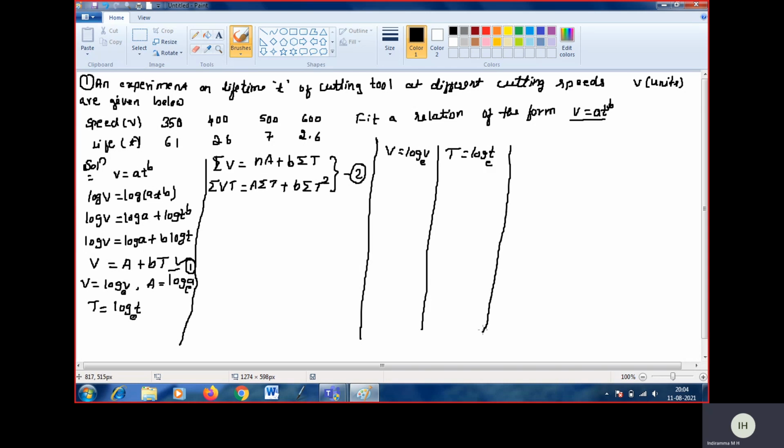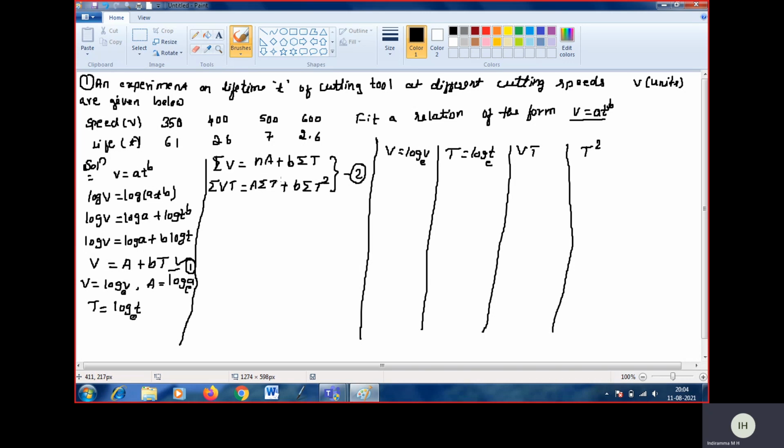So then I want capital V into capital T. So then I want T square. These values are required to substitute in the normal equations to get A and B values.